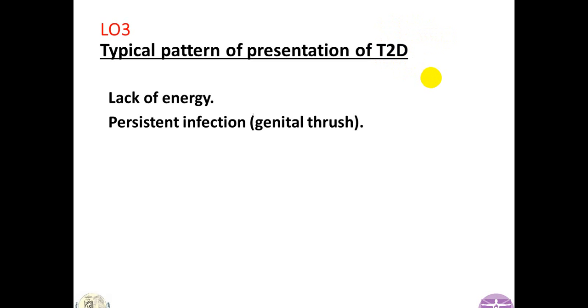However, the usual presentation of people with type 2 diabetes includes lack of energy, so they feel tired all the time, and persistent infection, especially genital tract infection with fungi, which we call genital thrush. Why is that? Because glucose is secreted in the urine, and this represents a good medium for bacteria and fungi to grow.